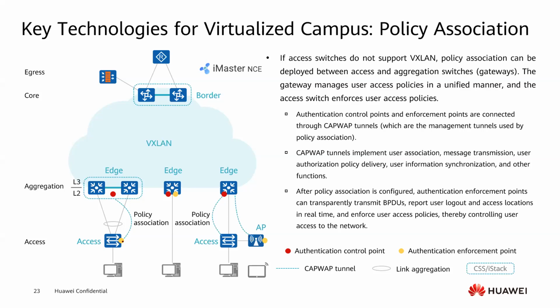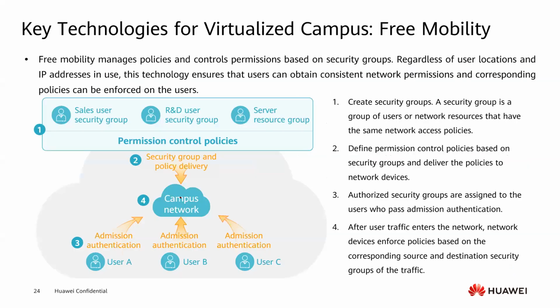So we can use the policy association to separate the authentication point into two points. One is the access point, the other is the control point. And also important for the cloud campus is the free mobility, because we want to use the controller to do the unified management for the policy control.